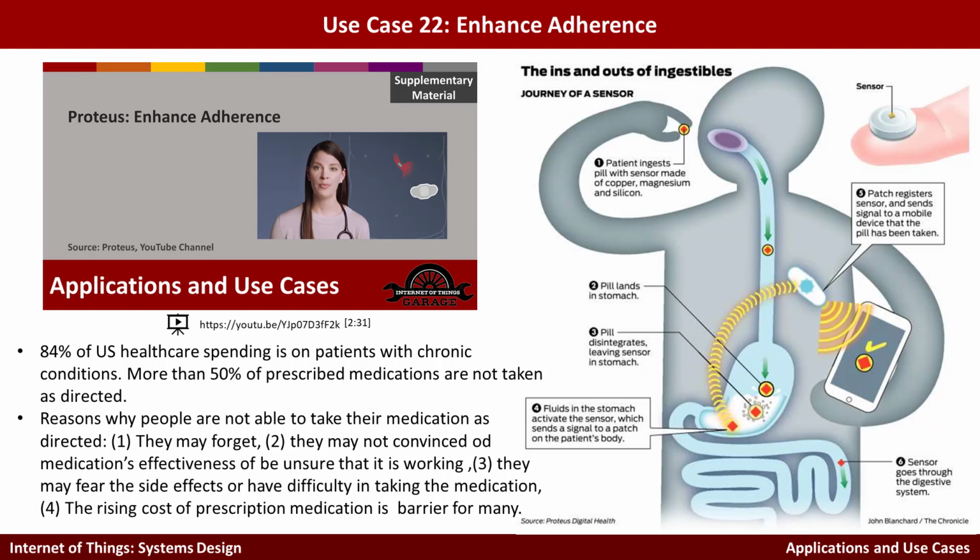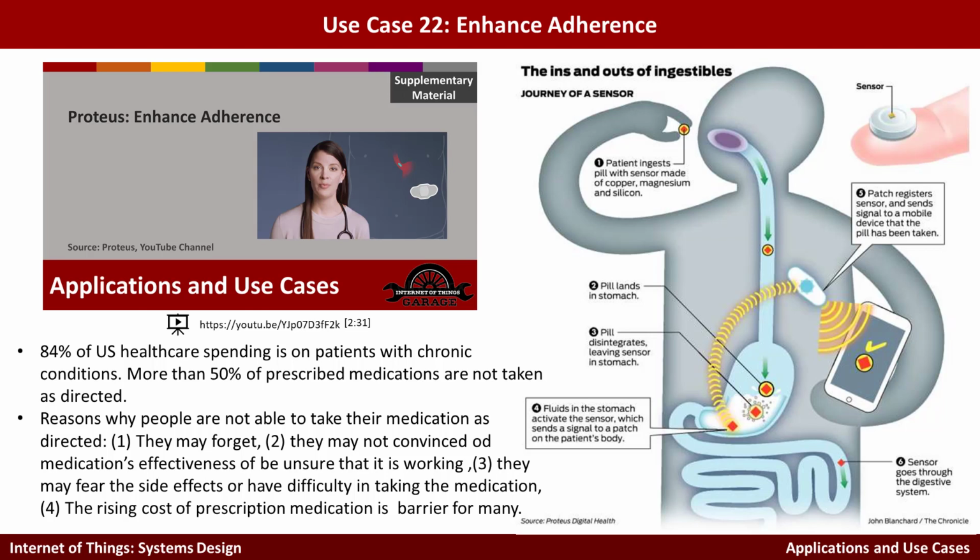To address this, a company has developed an IoT solution where they embedded a small sensor into the pill itself. When you take your medication, the pill goes to your stomach, and the stomach fluid activates the sensor, which then sends a message to your mobile phone.